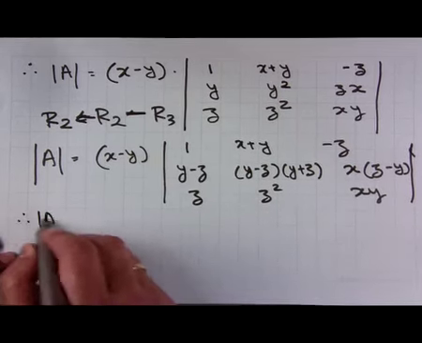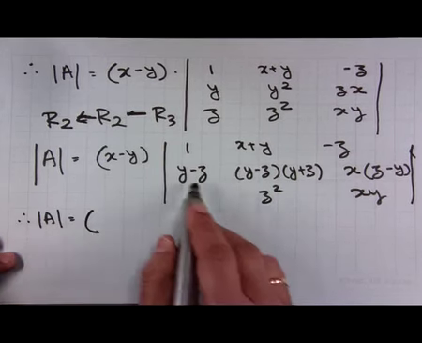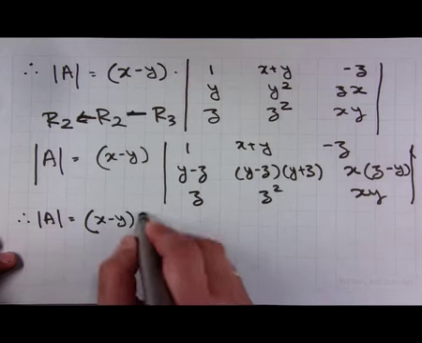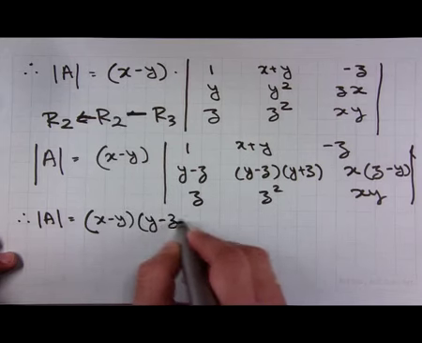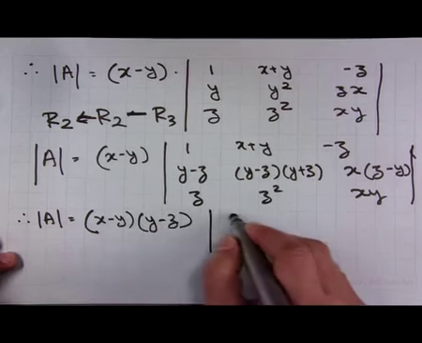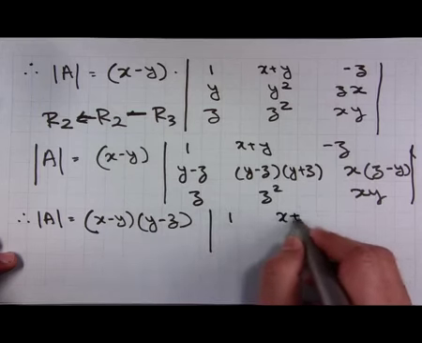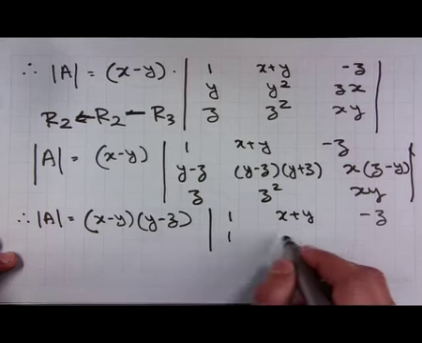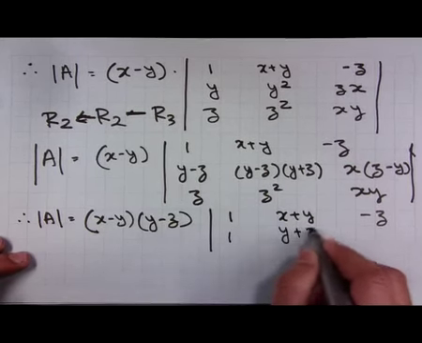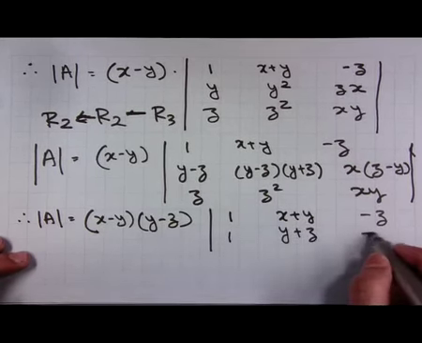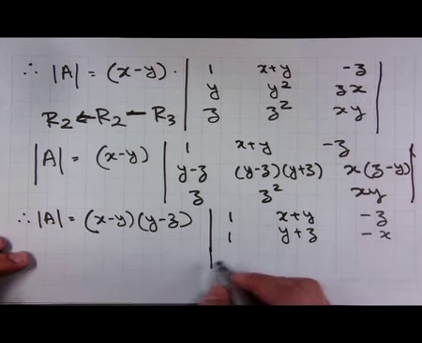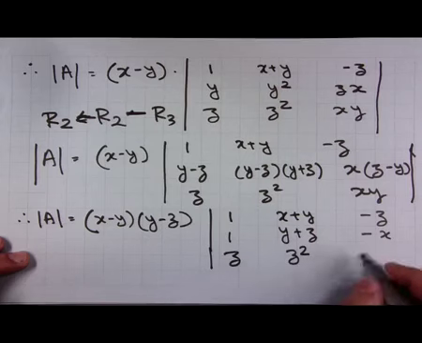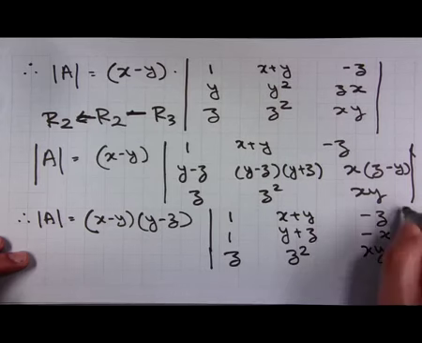Therefore, determinant of A is equal to, now I take y minus z from row 2 and we are left with 1, x plus y, minus z, 1, y plus z, minus x, z square, xy.